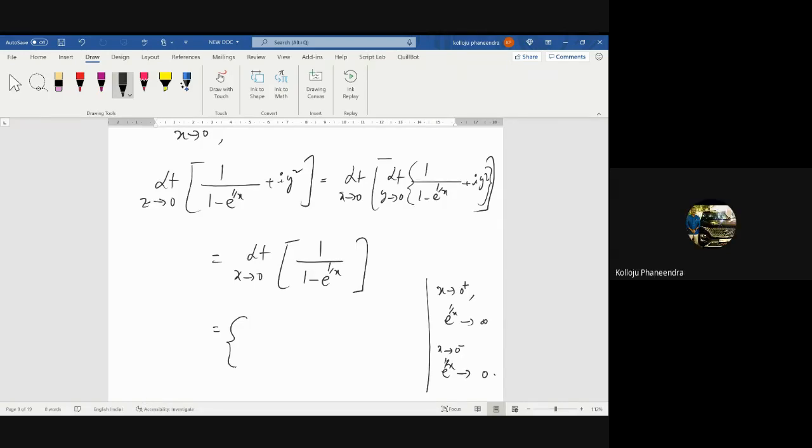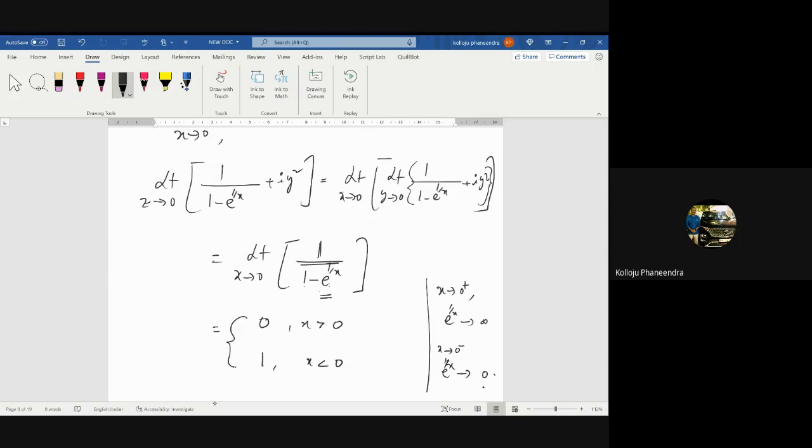Very good. So what is this value when x tends to a positive value? It is 1 by 1 minus infinity, something by infinity is 0. So it is 0 when x is positive. And when x is negative, e power 1 by x is 0, so this is 1 only.